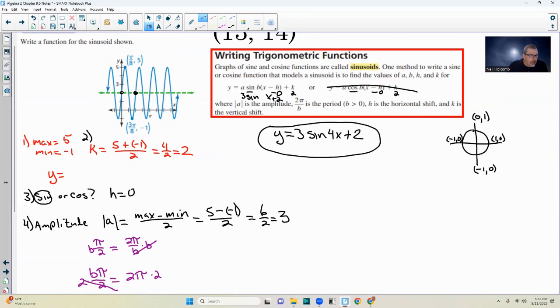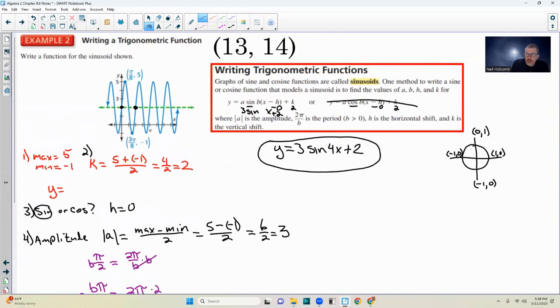Was it 0, or was it on the midline, or was it off the midline? That would be cosine if it was off, sine if it's on. Setting our period equal to 2 pi over b tells us the number after sine but before x. That's our b. So that determined y equals 3 sine 4x plus 2. That is the graph of this function right here. Okay, so now try the exercises, try exercises 13 and 14.